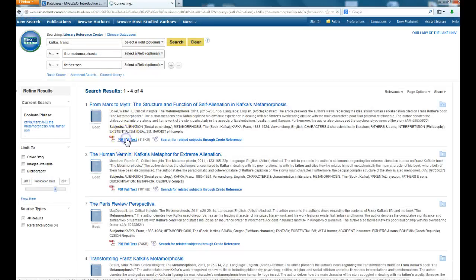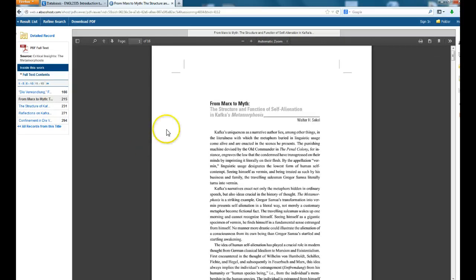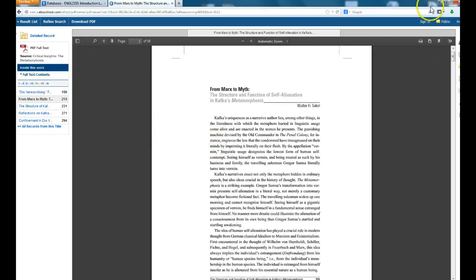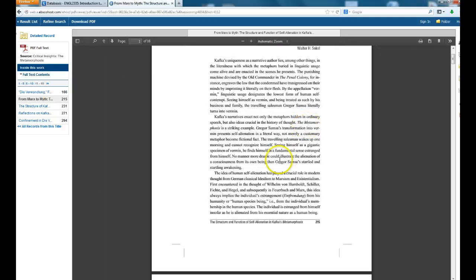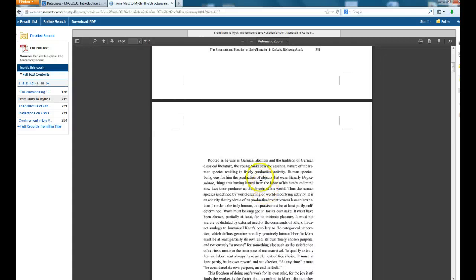But let me show you this one because I also want to show you how the citation works. The citation tool. Let's say that I found a wonderful quote or I'm paraphrasing something from this particular article and I want to cite it.